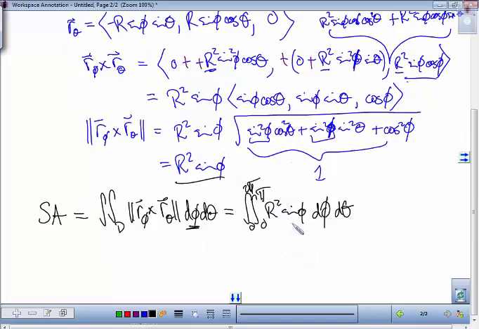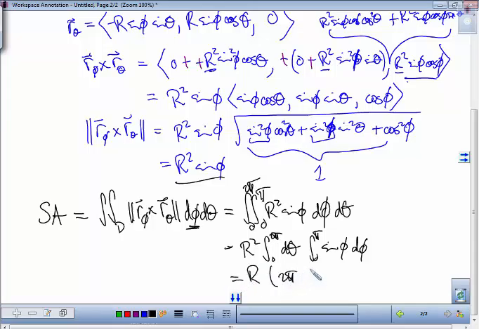So we're essentially integrating sine phi, r is a constant, and the integral with respect to theta from 0 to 2 pi is just that. If we lay it all out, r squared is constant, you're integrating from 0 to 2 pi d theta, integrating from 0 to pi of sine phi d phi.